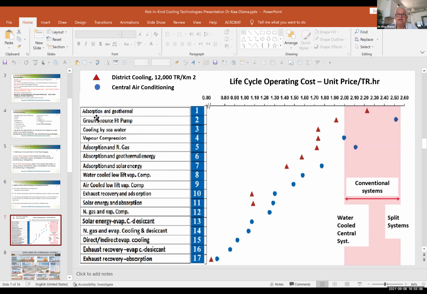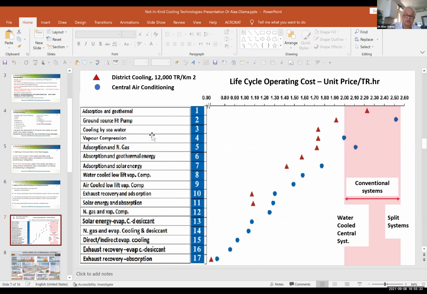If you look at the life cycle operating cost of those 17 technologies, you find the one on the right, the conventional system, will produce a ratio of between 2 and 2.5 unit price, this is a ratio, per ton hour. But the more you go to the left, the better, the more efficient the technology is, down to the most efficient, which is the exhaust recovery absorption machine.